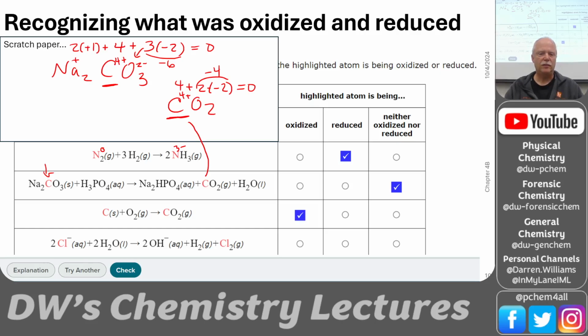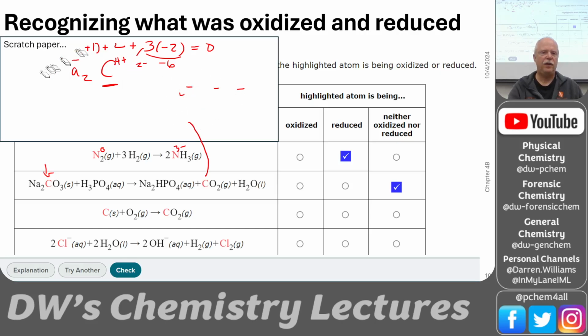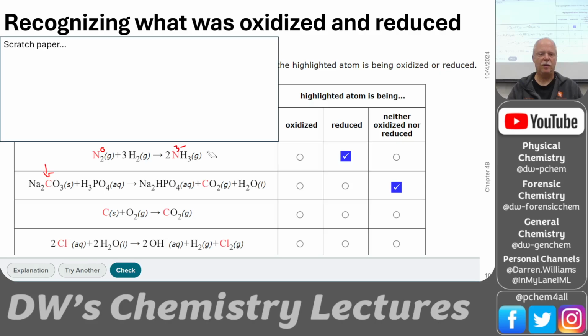Okay, what about this next one? Oops, I already gave it away. This one, we don't even really have to do the specific numbers. We can just look to see what the problem is showing. We know that carbon bonded to itself is 0. And now carbon's bonded to oxygen.